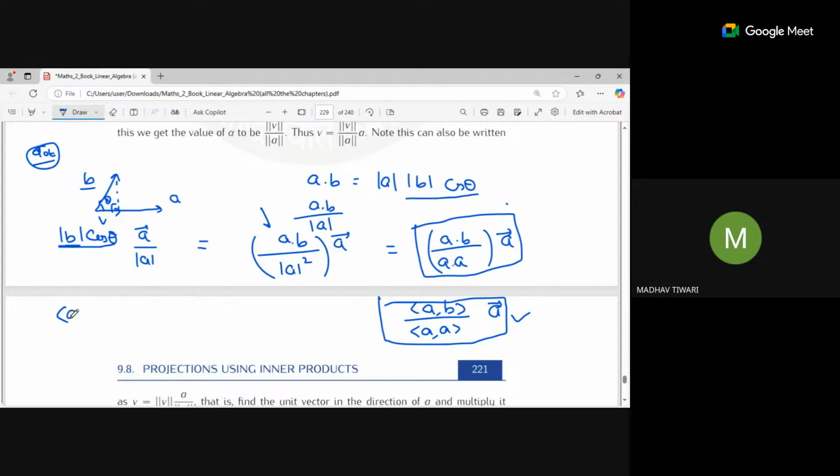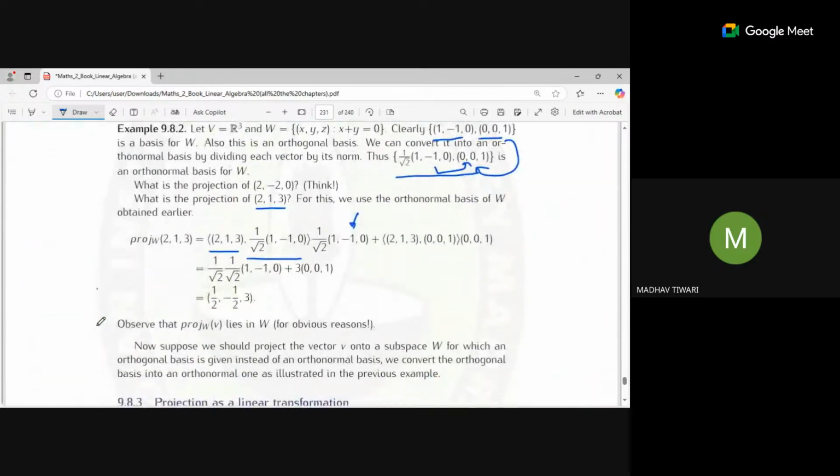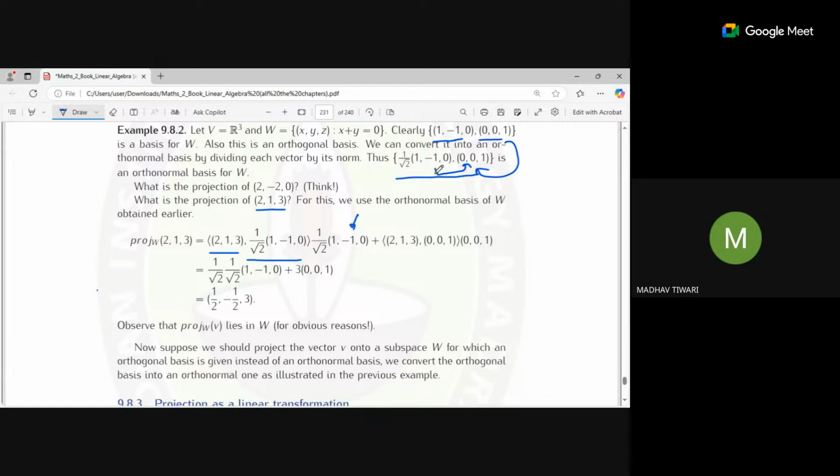So you can directly say A dot B times vector A. Since it is already orthonormal here, we directly do the inner product between these two vectors and multiply by vector A, meaning A dot B times vector A.